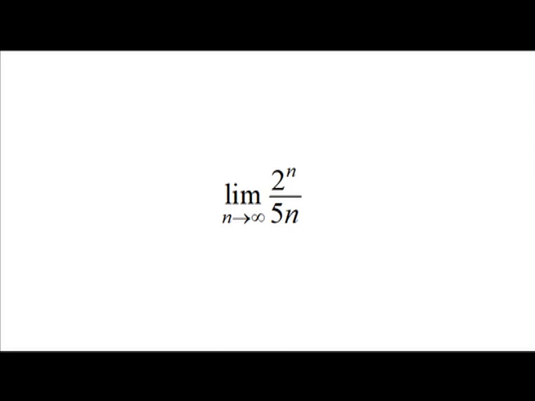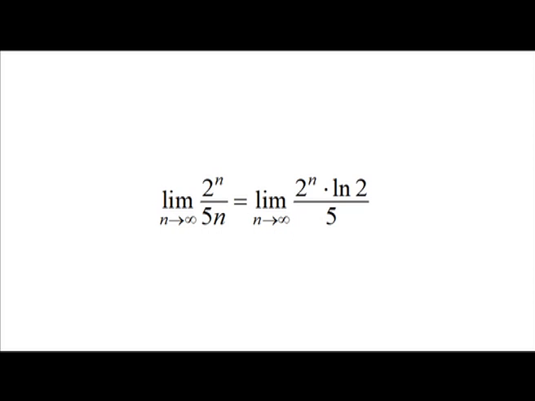The limit of 2 power n upon 5n as n approaches infinity is in the infinity upon infinity form. Hence, the limit is the limit of 2 power n into natural log 2 upon 5 as n approaches infinity, applying L'Hopital's rule and noting that the derivative of 2 power n with respect to n is 2 power n natural log 2, which is equal to infinity.